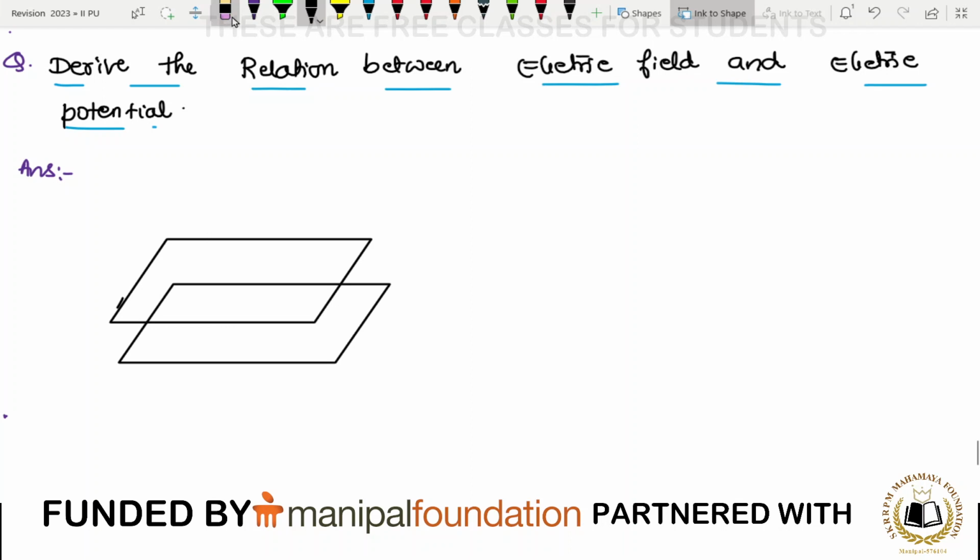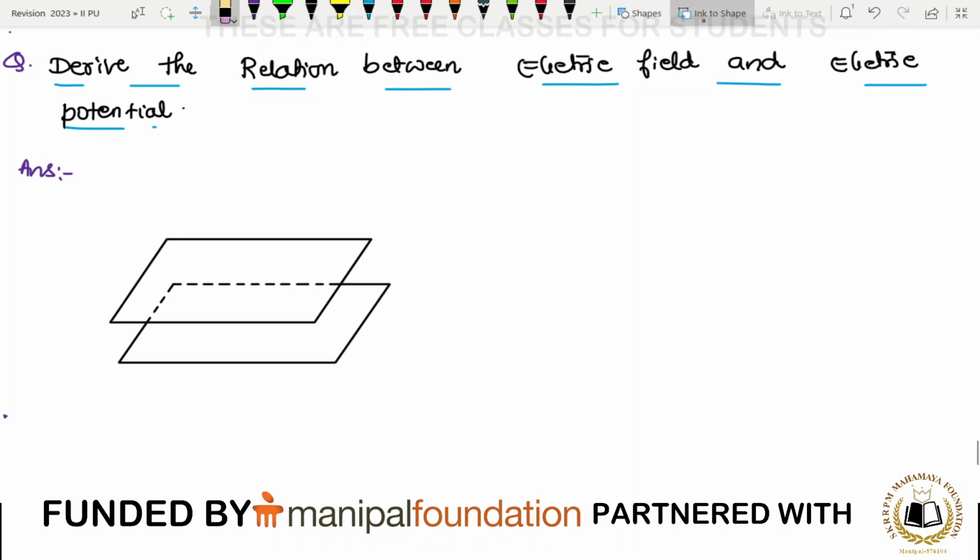Two equipotential surfaces are taken here. They are kept parallel, one above the other, like a room's floor and ceiling. Two different levels. So these are the two surfaces.